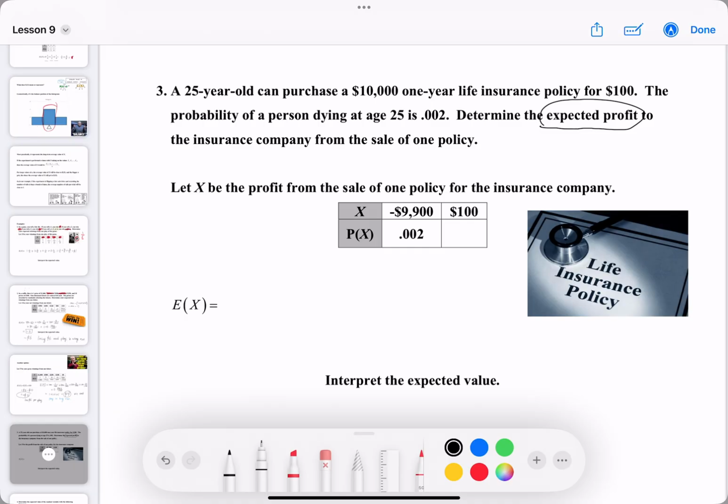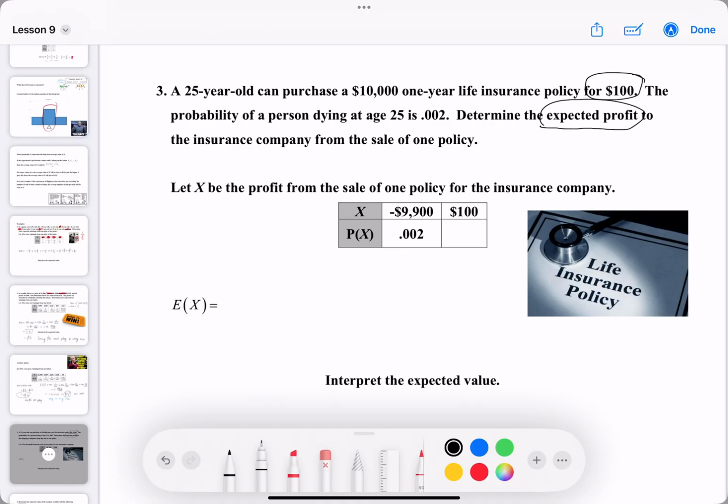Let X be the profit from the sale of one policy for the insurance company. So how much money will the insurance company make? For example, unfortunately, this person died. This person paid the insurance company $100 for buying this policy, but the insurance company will pay his family $10,000.